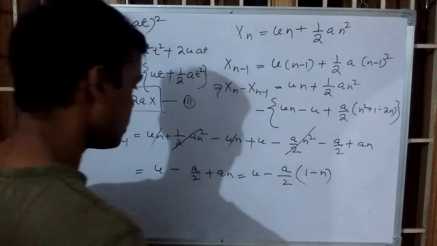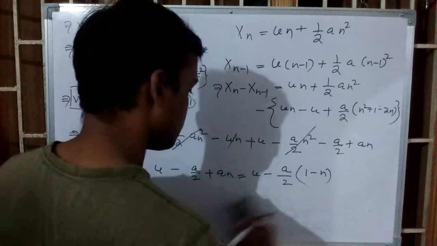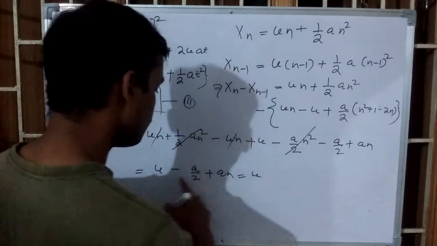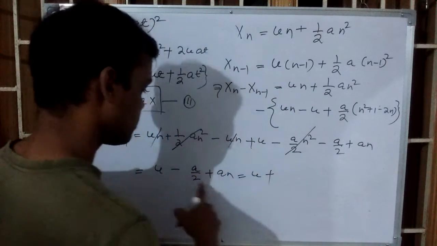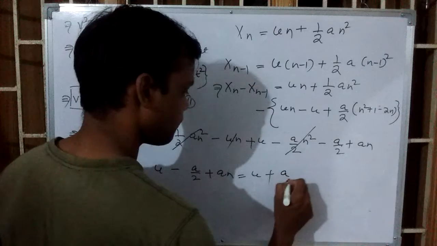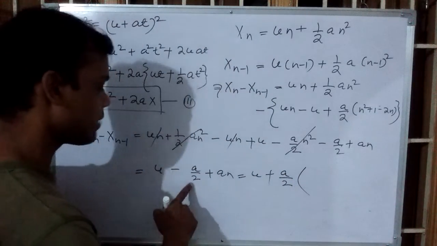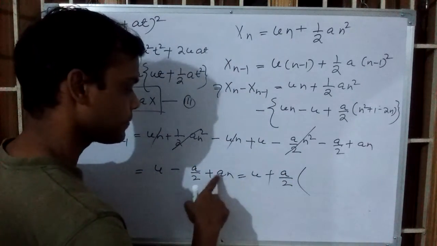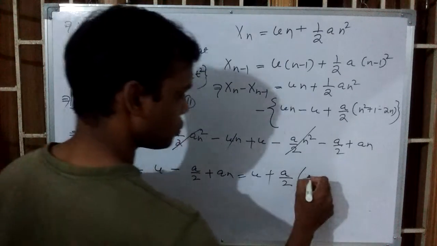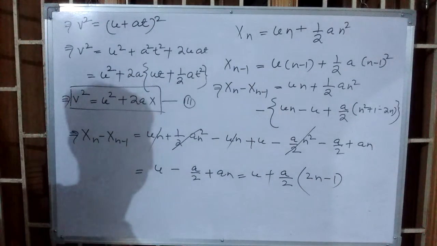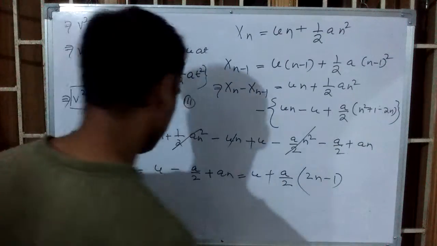Don't take this minus sign. It will be u plus a by 2 times, if you take a by 2, it will be minus 1 and 2n. So 2n minus 1. Now this is the final expression.